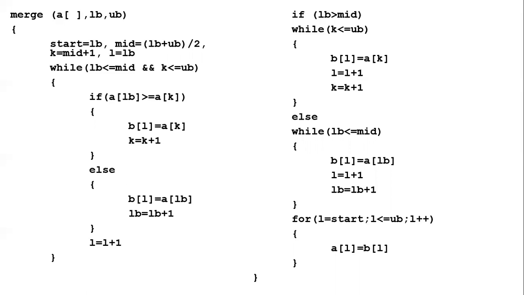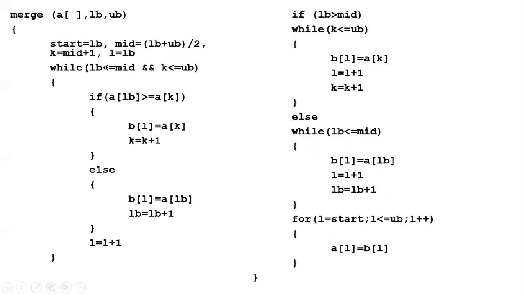The B array subscript is L and starting of that is LB. Okay, so the condition starts when LB is less than or equal to mid and K is less than or equal to UB. The first subarray will start with LB and it can reach up to mid.